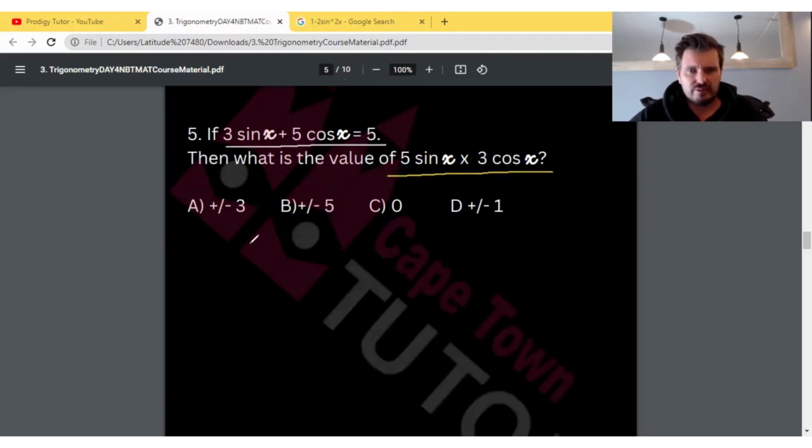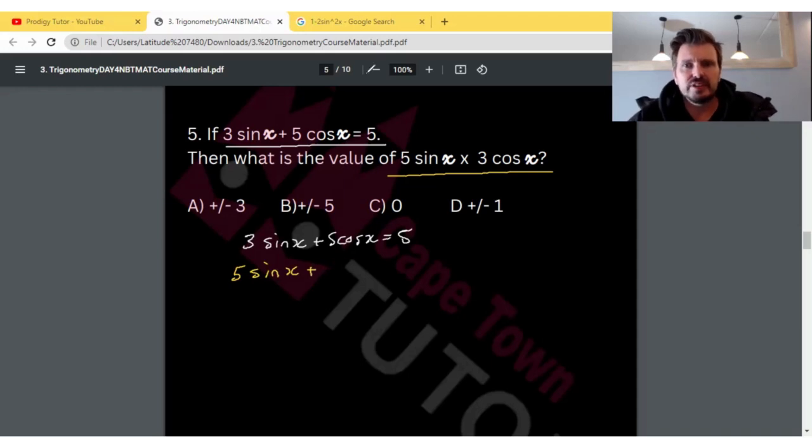Okay, so we know that 3 sine x plus 5 cos x equals 5. But then this one in yellow, this 5 sine x. Oh, there's a mistake here. This has to be a minus. There's a mistake in this question, because it's not going to work each of the times.